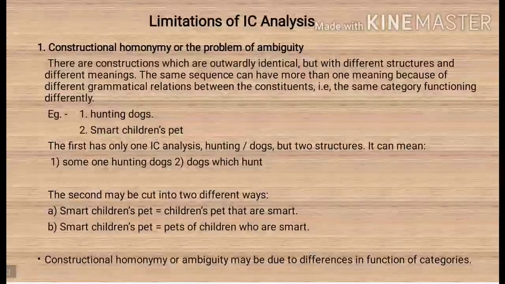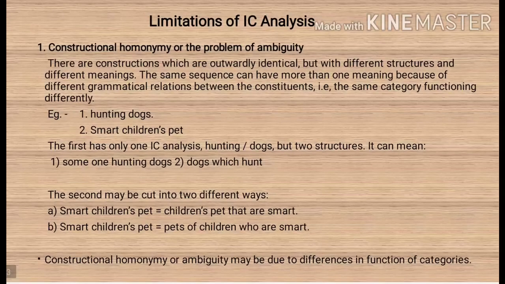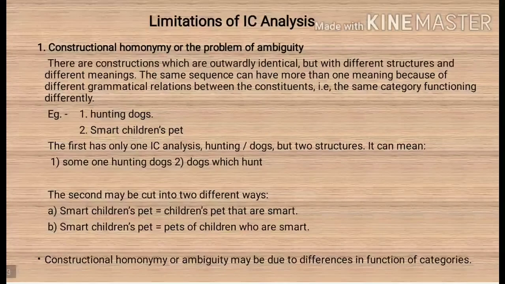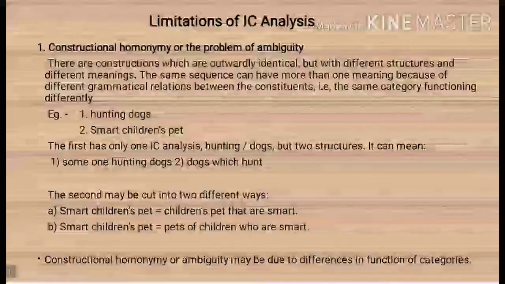The first has only one IC analysis, hunting or dogs, but two structures. It can mean 1. Someone hunting dogs. 2. Dogs which hunt. The second may be cut in two different ways.